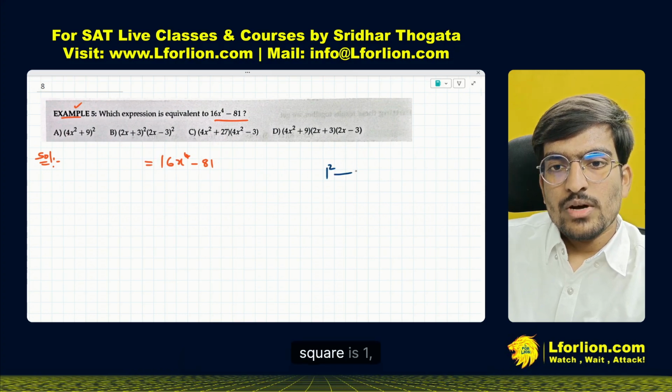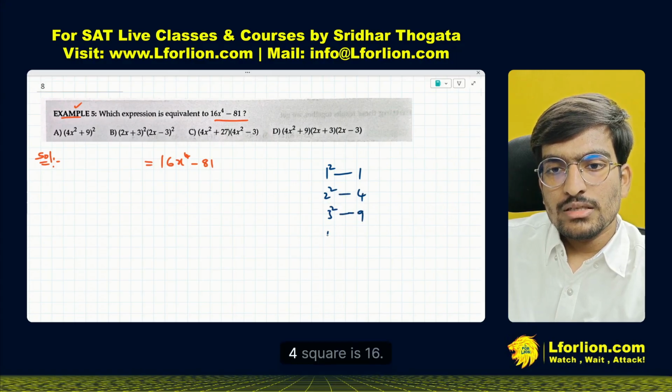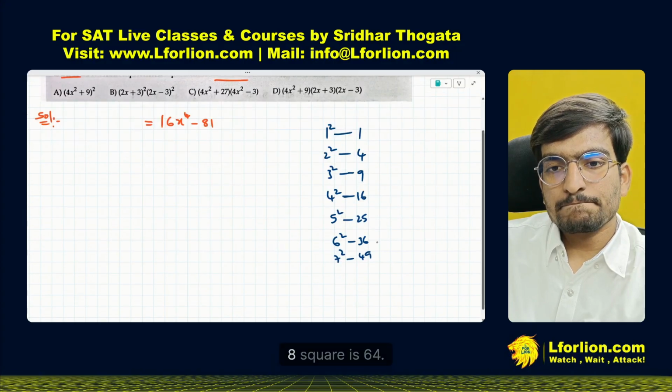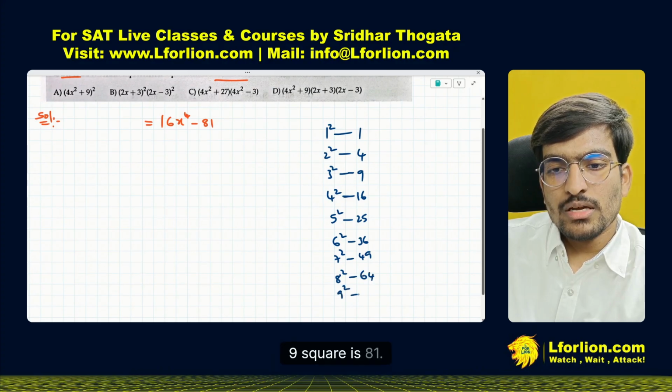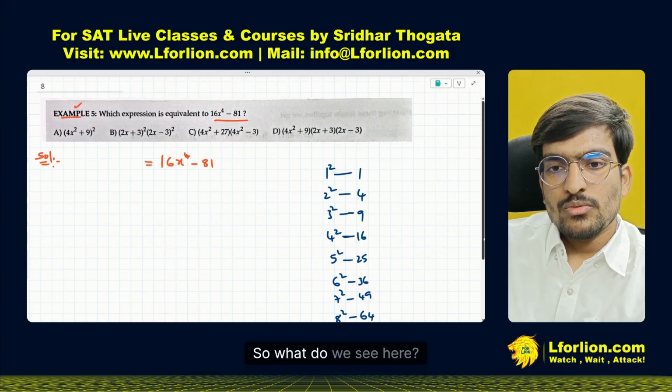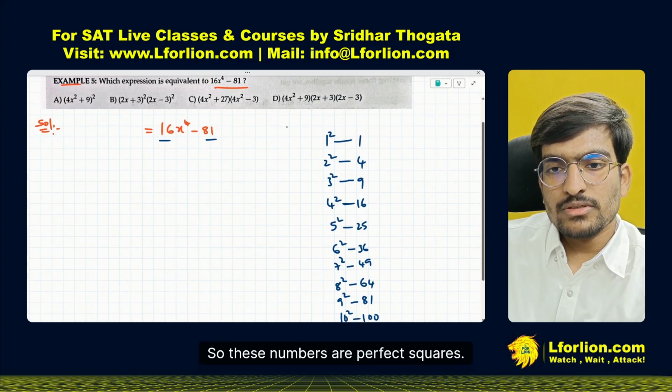I mean, 1 square is 1, 2 square is 4, 3 square is 9, 4 square is 16, 5 square is 25, 6 square is 36, 7 square is 49, 8 square is 64, 9 square is 81, 10 square is 100. So what do we see here? 16 and 81 are perfect squares actually.